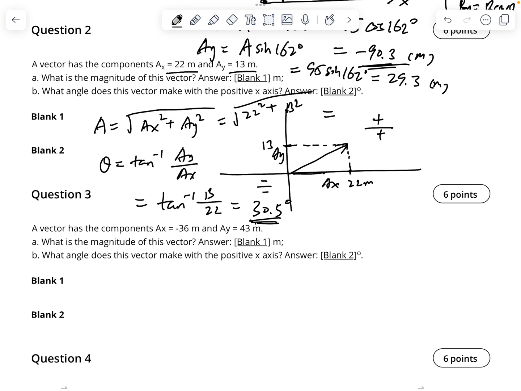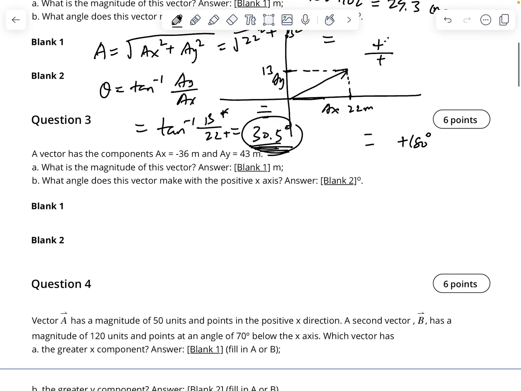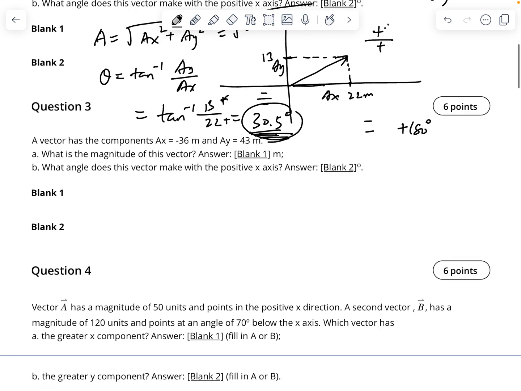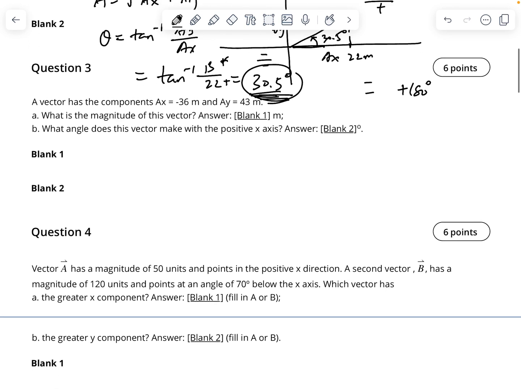So now you check: Ay is positive, Ax is positive, so first quadrant, then this angle is right. If both of them are negative, then whatever angle you get here, you have to add 180. This is the first quadrant angle, that's good enough. So this will be 30.5 degrees.